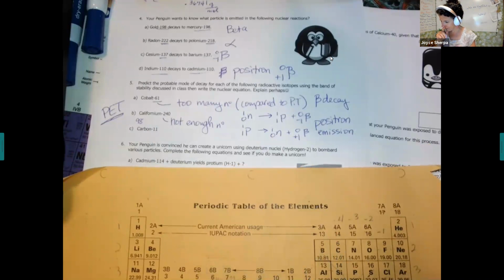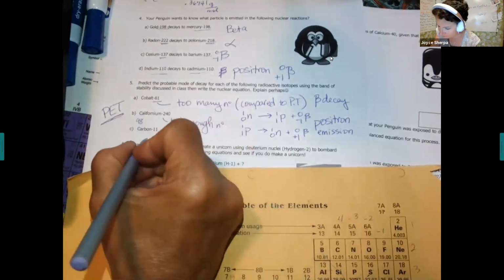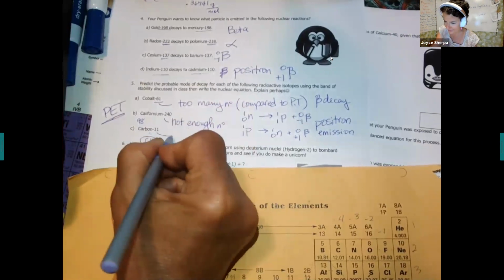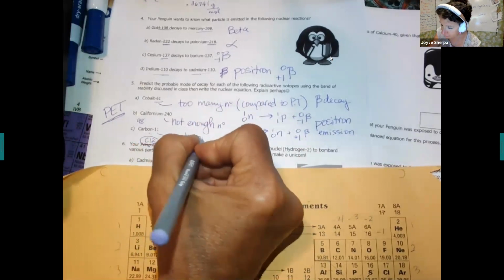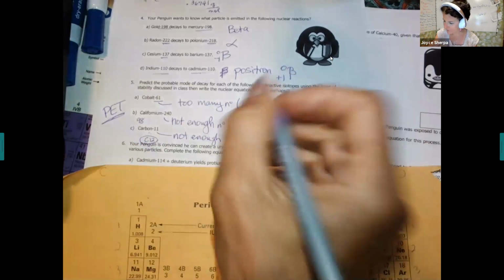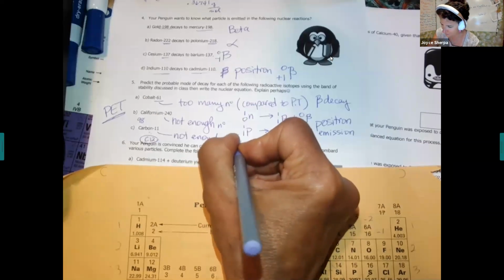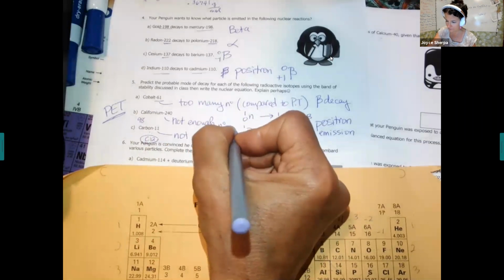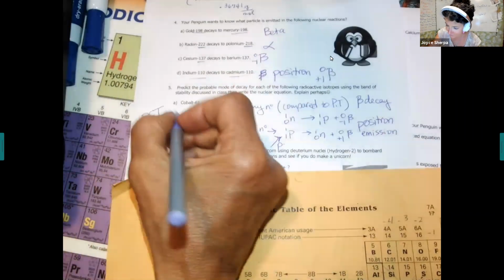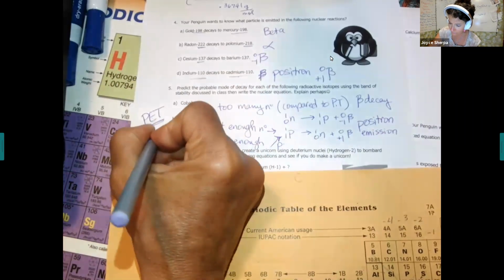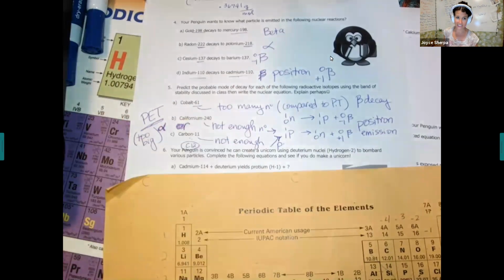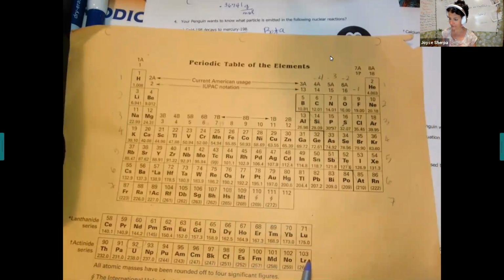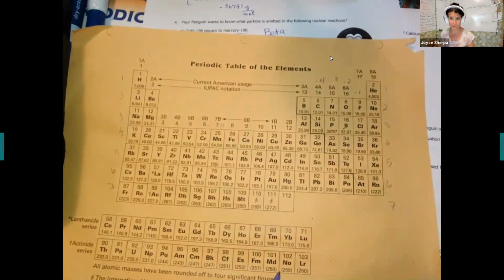All right, so carbon 11, of course, carbon 12 is what we would want. So again, not enough. I have to go back and look at this one. I just realized, this one's the positron. For the Californium, you could either say positron, or, these are predictions, you could have said alpha, because it's just too big. Once you get down to these, they're all too big, so alpha decay is probably the most common.